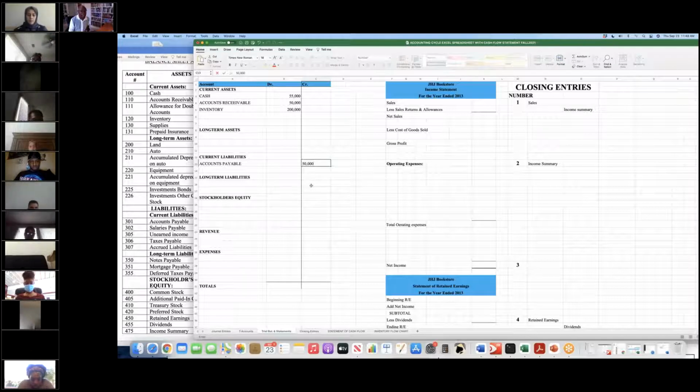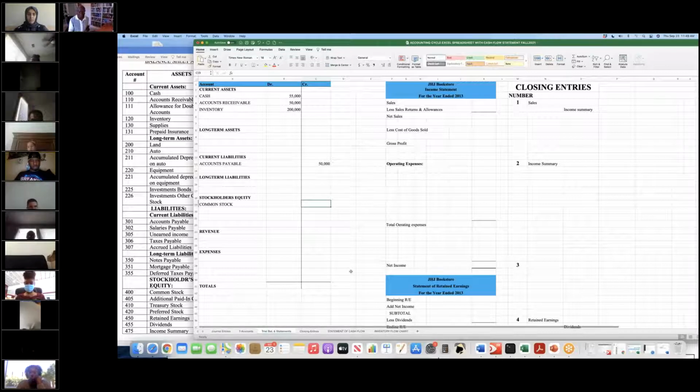We don't have any long-term liabilities, do we? Then we go to common stock. How much is common stock? 100,000.